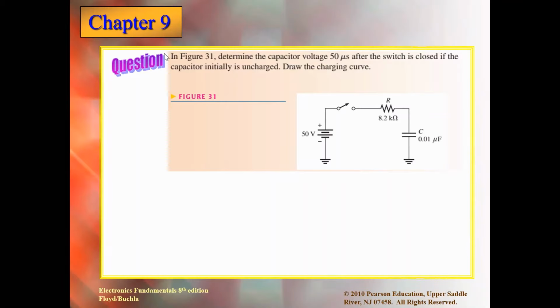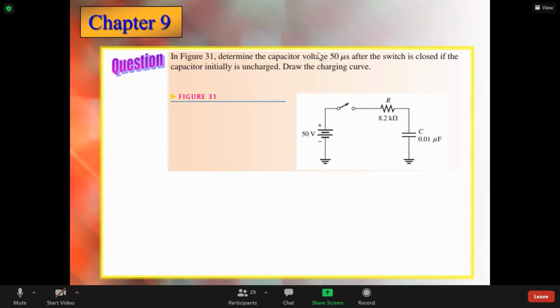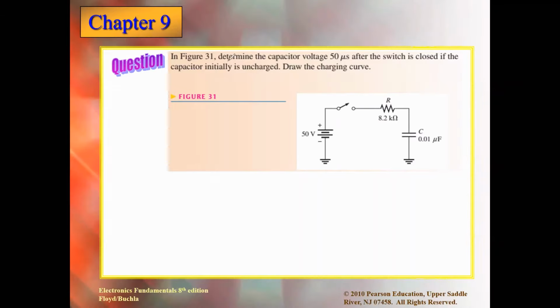What are the things which are given to you? The capacitor voltage. Determine the capacitor voltage. It's not given to you, it is asking you to determine.